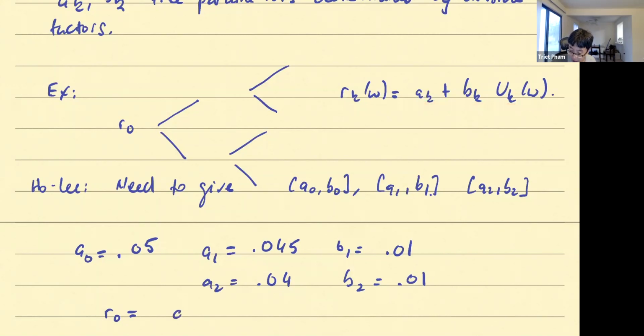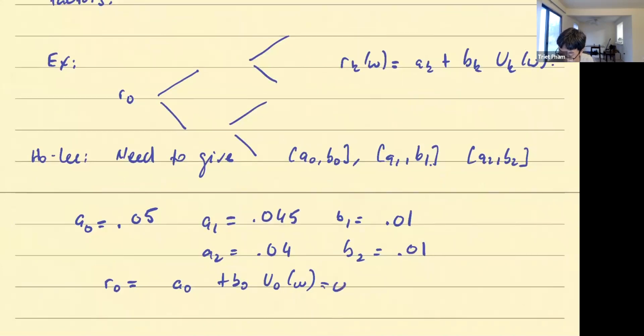R0 is A0 plus B0 times U0 of omega. B0 doesn't have to be 0. But what's U0 of omega? Exactly. U0 is 0 because there's nothing to count. That's why B0 is irrelevant. So what's R0? 0.05, okay?